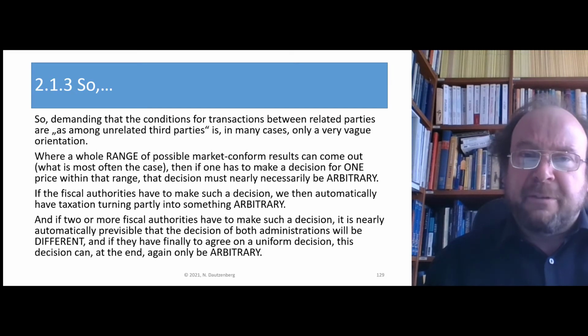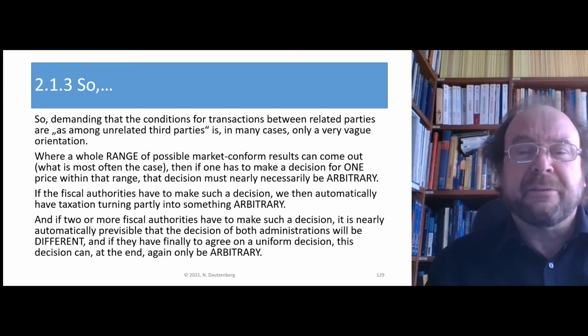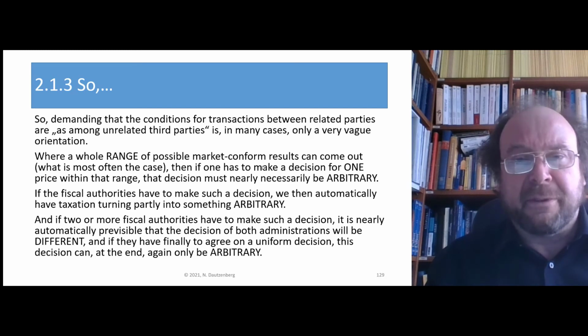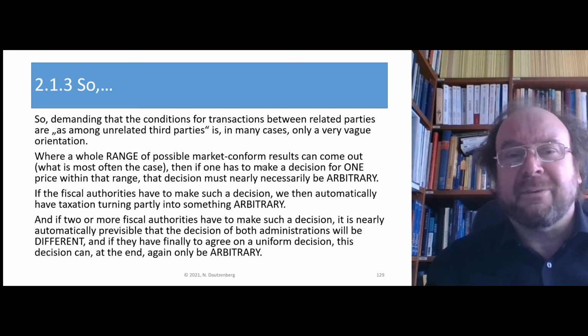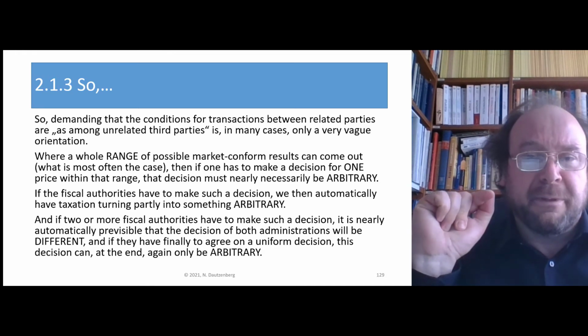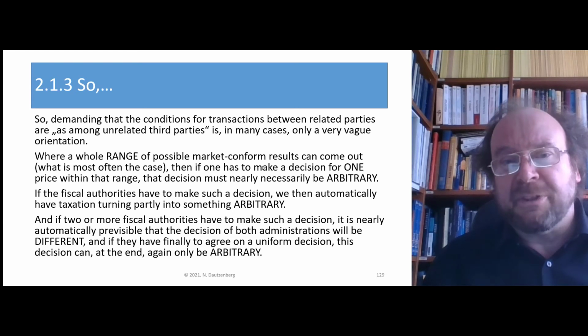Now, when you have a whole range of possible outcomes and have to decide for one price within that range, then necessarily your final decision will be rather arbitrary. And now when the fiscal authorities also have the right to form an opinion, their decision will probably be a different one, and it will also be arbitrary. They choose the solution which fits them most, which they like most.